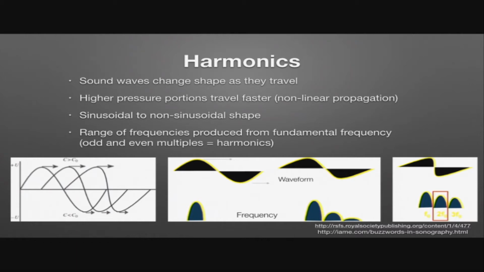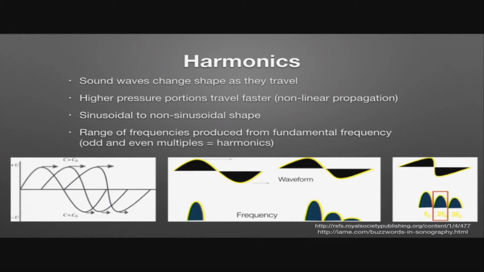And as the wave propagates, this change in shape happens because the higher pressure portion of the wave travels faster. Remember, you've got the compression and the rarefaction of the sound waves, and as those compressions come together, pressure will increase and that wave travels faster. And this is in part owing to the higher density as those particles come together.